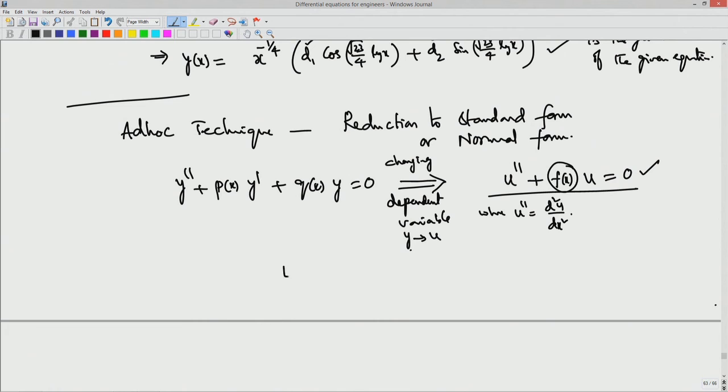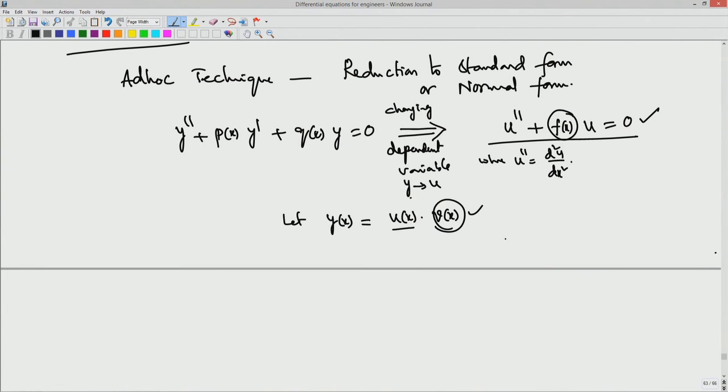Let y of x be equal to some unknown u x, this is the dependent variable, times some v x. This you will know by making the first order term 0. So, you do not want that first order term. From here to here, you made the first order term 0 by choosing in such a way that the first order term will never appear in your transformed equation.